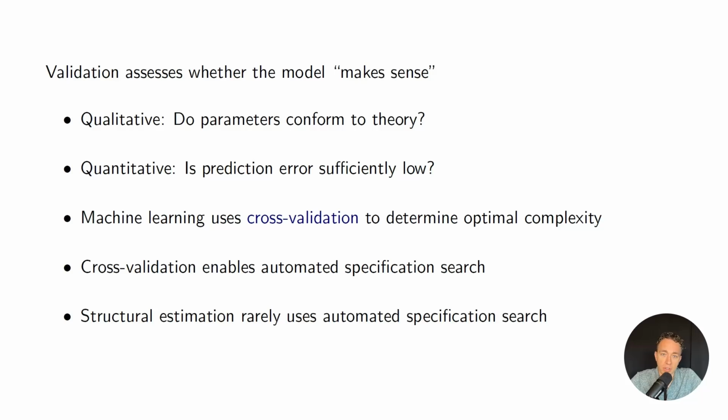And in structural modeling and structural estimation, we don't typically do automated specification search because estimation is not as trivial as it is in some common machine learning contexts. So if you've heard of that notion of model validation, I wanted to just kind of make a brief contrast between the machine learning approach and what we've been doing in this video series.